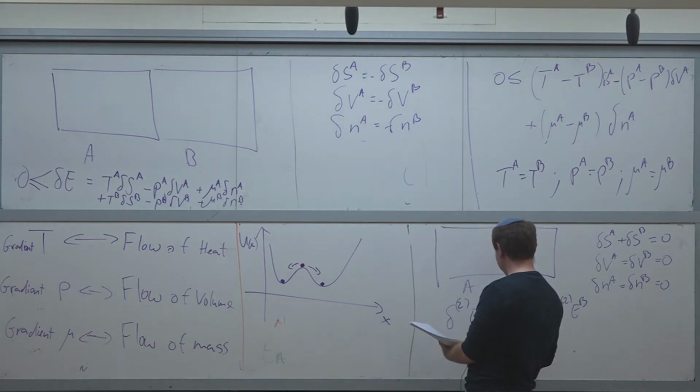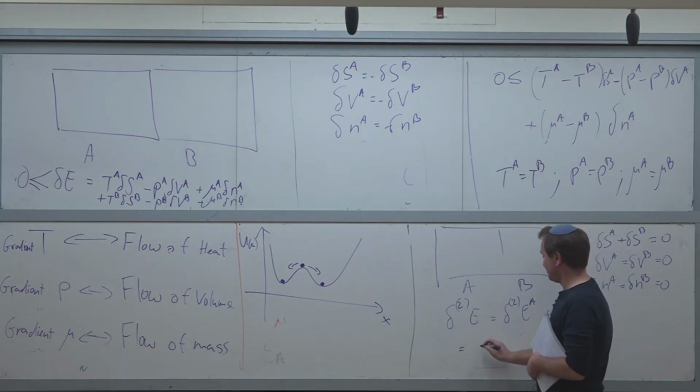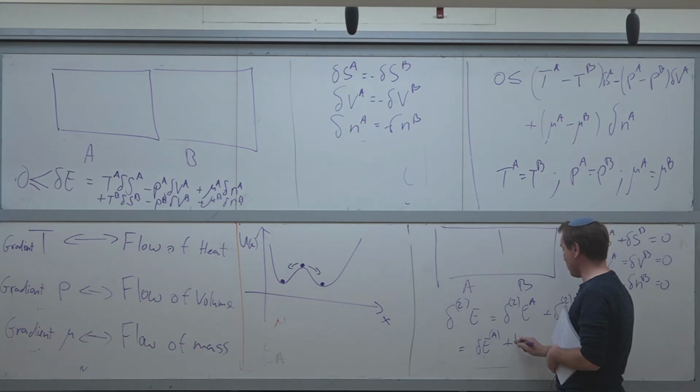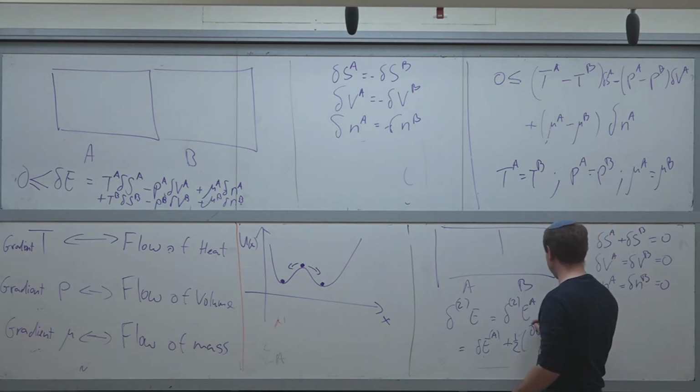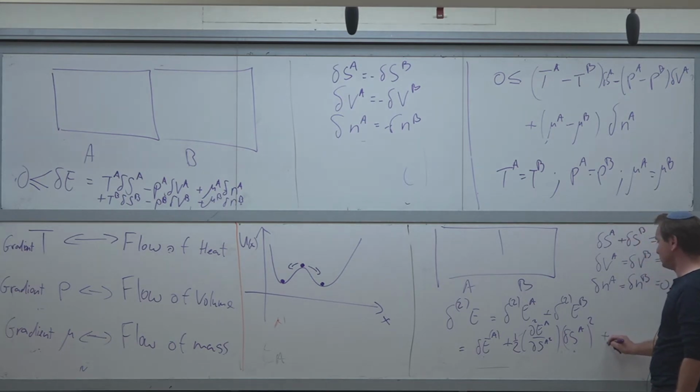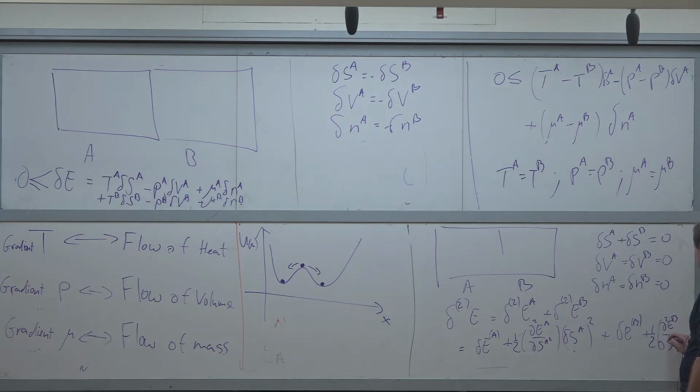It is delta E_A plus 1/2 d squared E_A over dS_A squared, multiplied by delta S_A squared, plus delta E_B plus 1/2 d squared E_B over dS_B squared, multiplied by delta S_B squared.